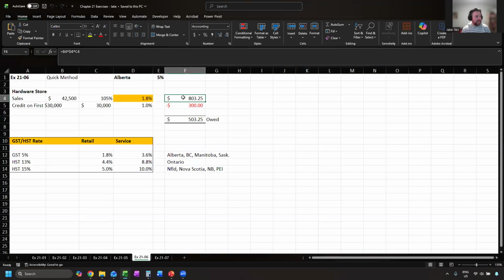So 1.8% says we owe $803.25 in sales tax. But we get a credit on the first 30,000. So since our sales total is over $30,000, we'll get the maximum credit. So we can subtract from our owed amount $300. So we only owe $503.25.